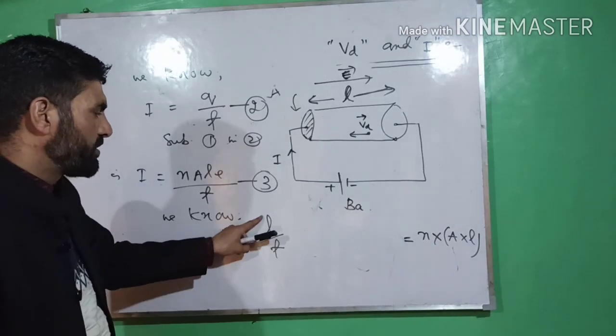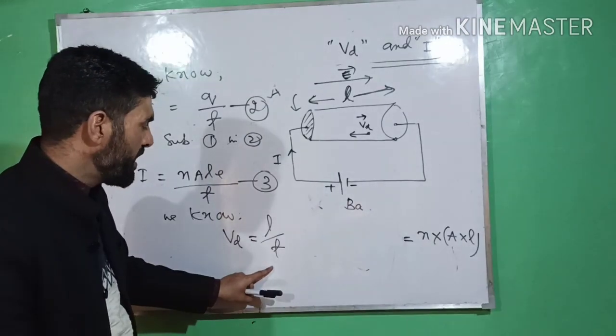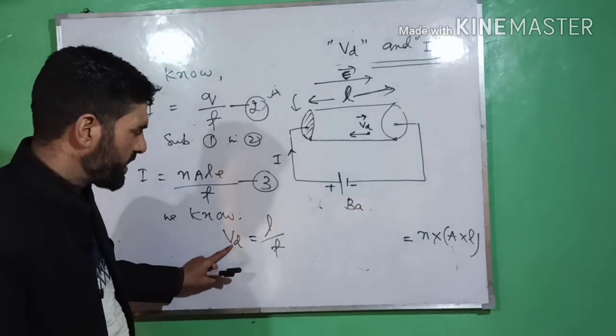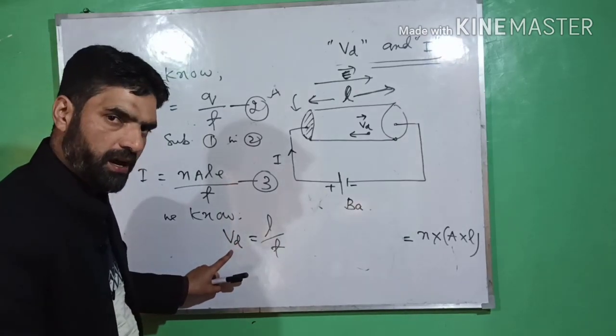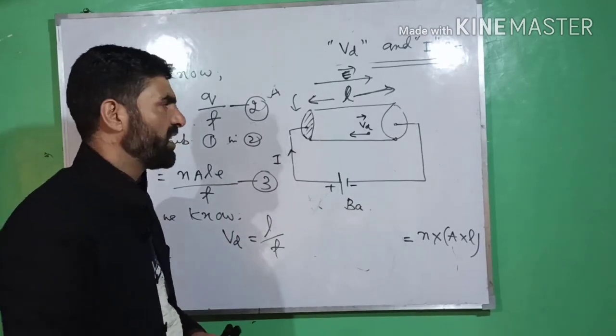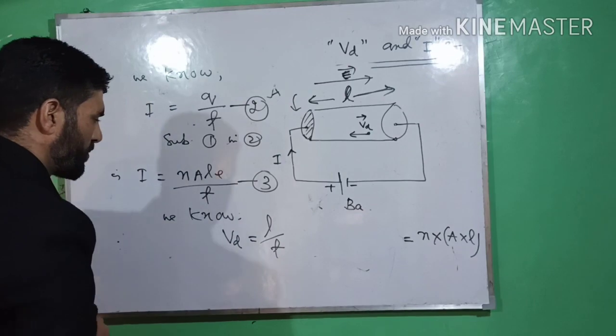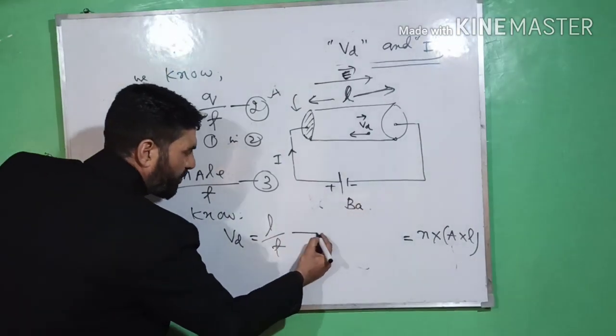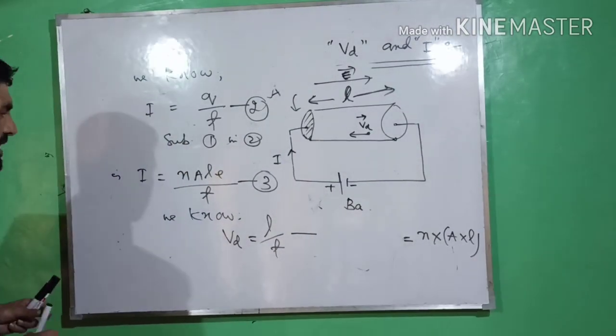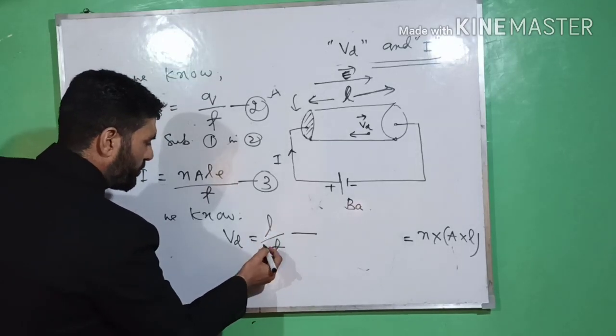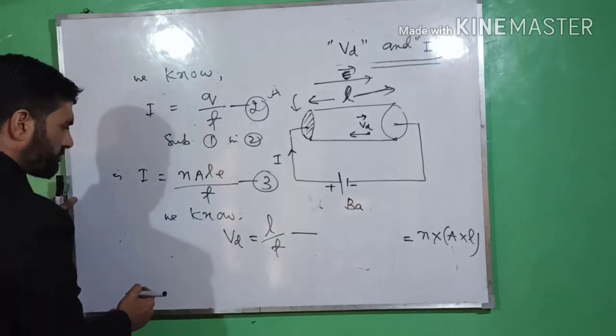If talking velocity, then displacement by time; if speed, then distance by time. So I am writing Vd is equal to L by T.